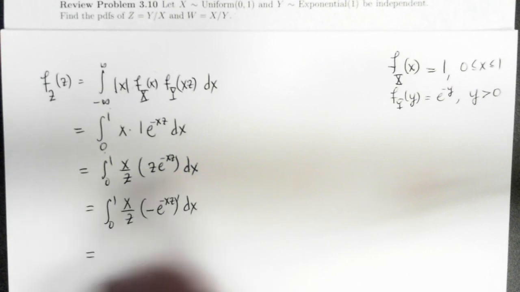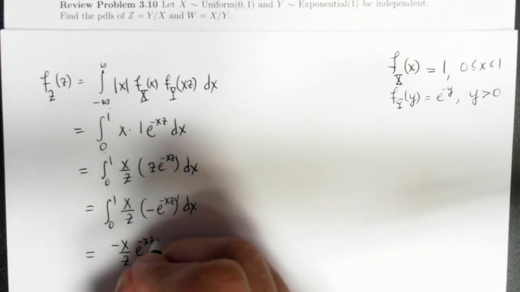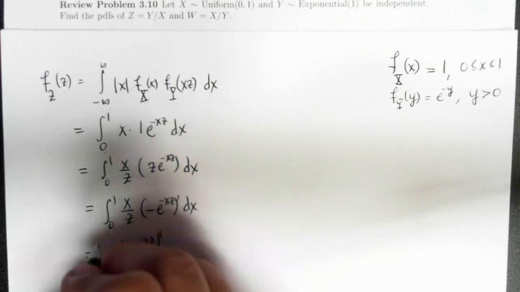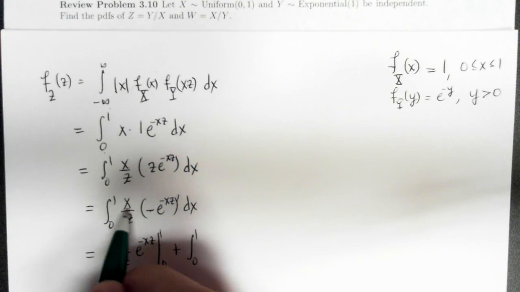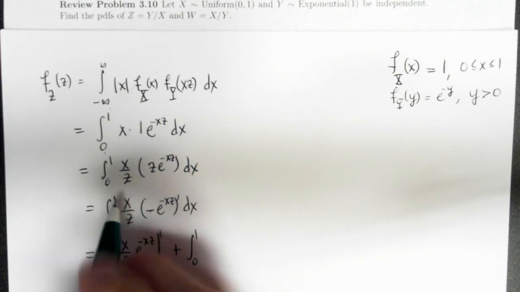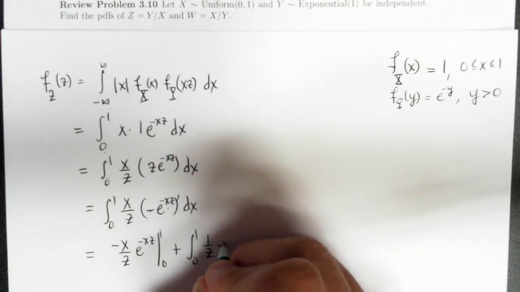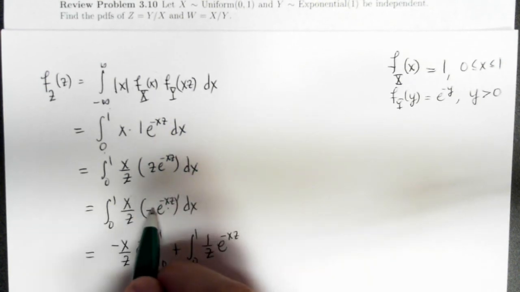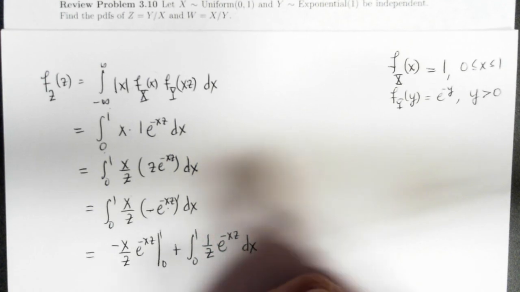And so integrating by parts, we get negative x over z, e to the minus xz, evaluated from 1 to 0. Then minus a minus becomes plus, integral from 0 to 1. The derivative of this with respect to x is 1 over z, times the antiderivative, e to the minus xz, and the minus sign here got absorbed in the minus sign here, dx.